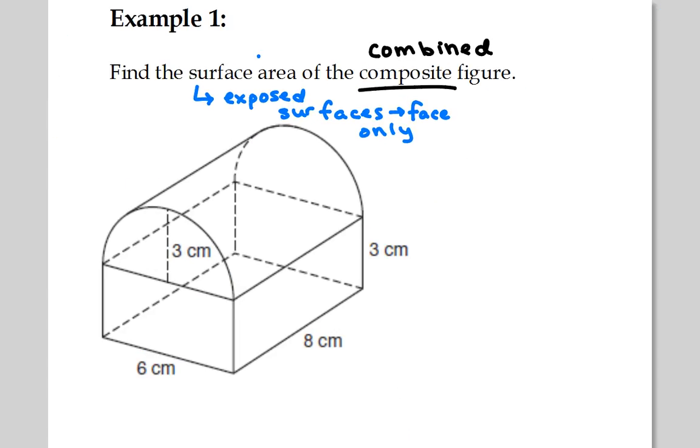Let's take a look at this first object. The object on top is half of a cylinder. So you're going to find the surface area for the half cylinder. What do you suppose you're going to do? Yeah, that's perfect. Do it normally and then divide it by 2.